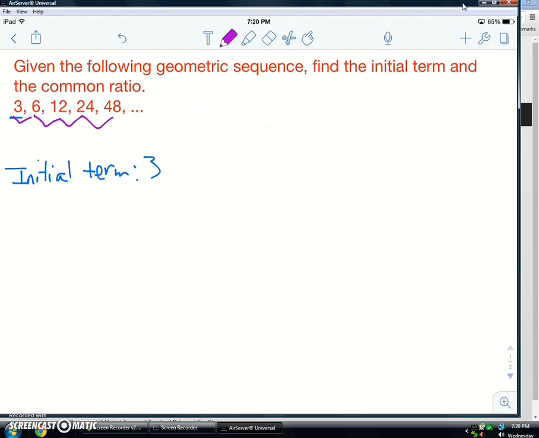So when you looked at this, I'm hoping you were able to see that if I were to multiply by 2, 3 times 2 is 6, 6 times 2 is 12, 12 times 2 is 24, and 24 times 2 is 48.